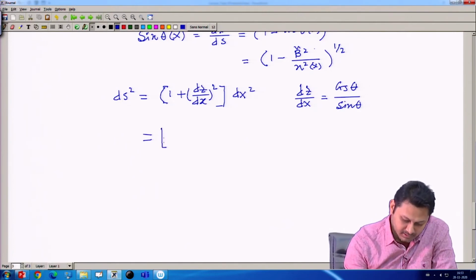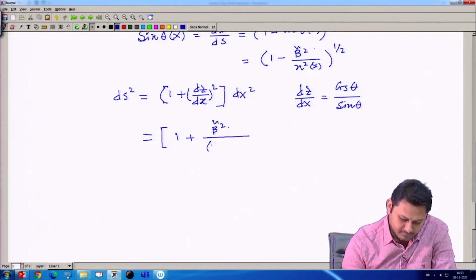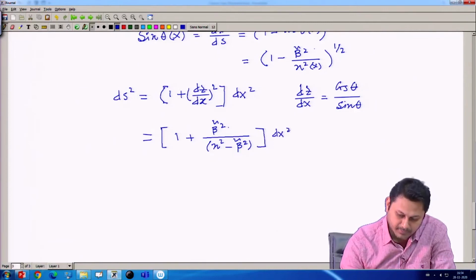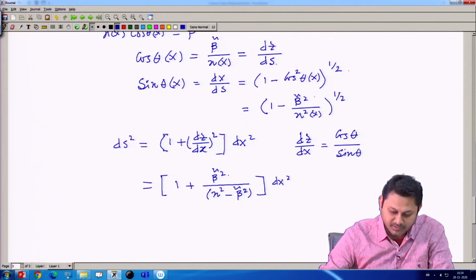If I put this, it should be 1 plus beta tilde square divided by n square minus beta tilde square, and then it should be dx square. Just replace this. So, sin theta is n square minus beta tilde square, divided by n square, and cos square theta is beta square divided by n square.